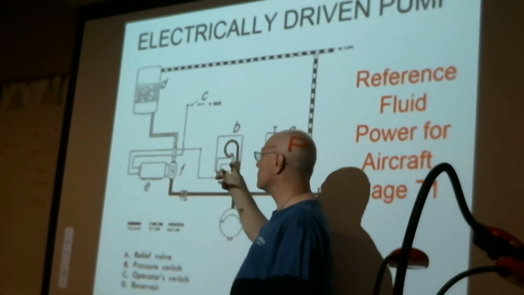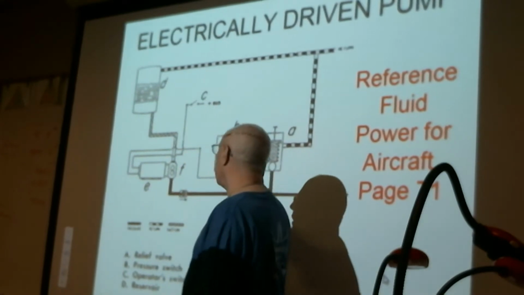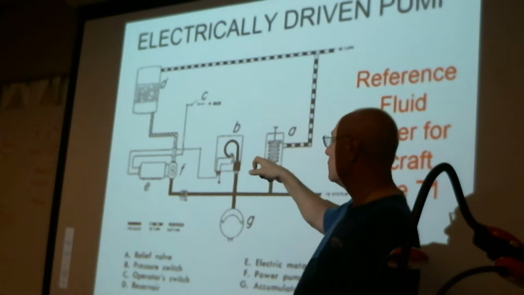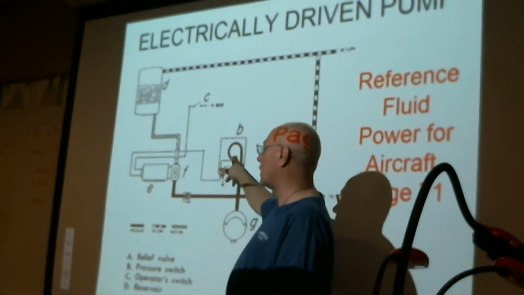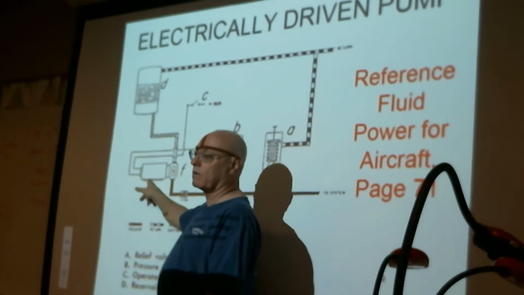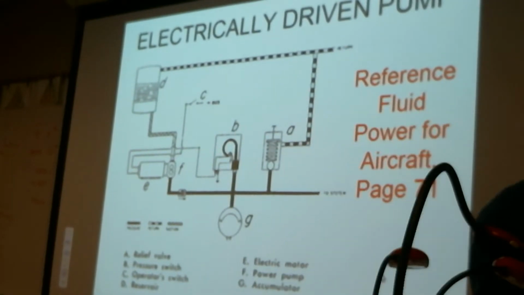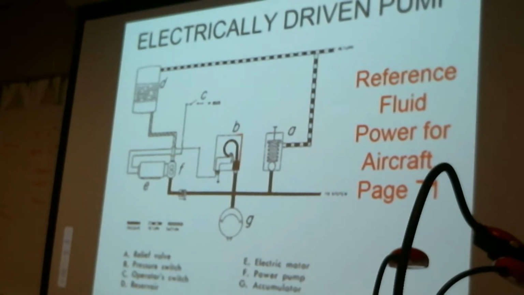The pressure switch is really a control for the electric motor that drives the pump. In many of the pressure switches, they have a device like a Bourdon tube. The Bourdon tube expands, and what it does is it separates the electrical contact that controls the electric motor that's driving the pump. So anytime you've got an electrically driven pump, don't be looking in the circuit for a pressure regulator. What I would be looking for is really a pressure switch.